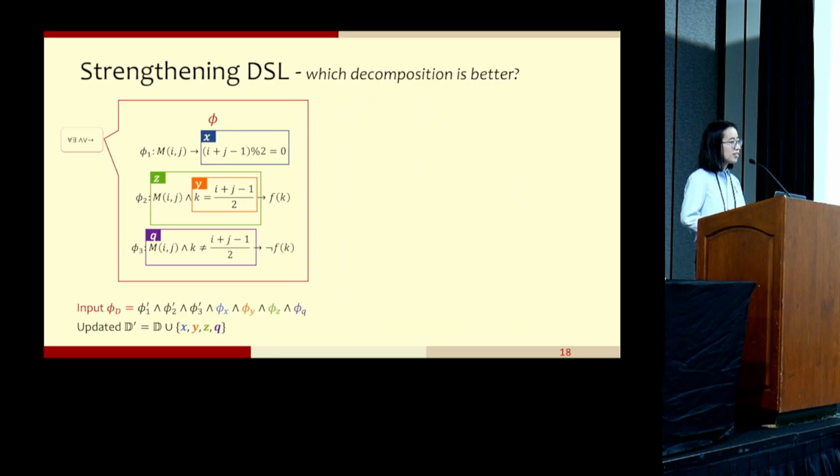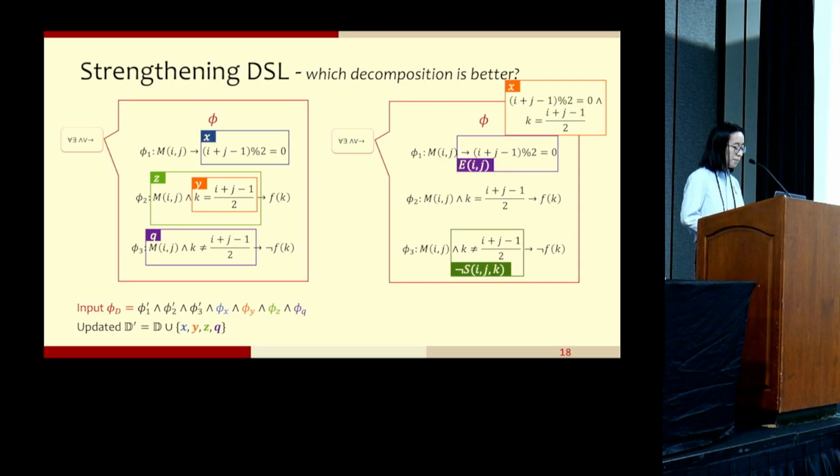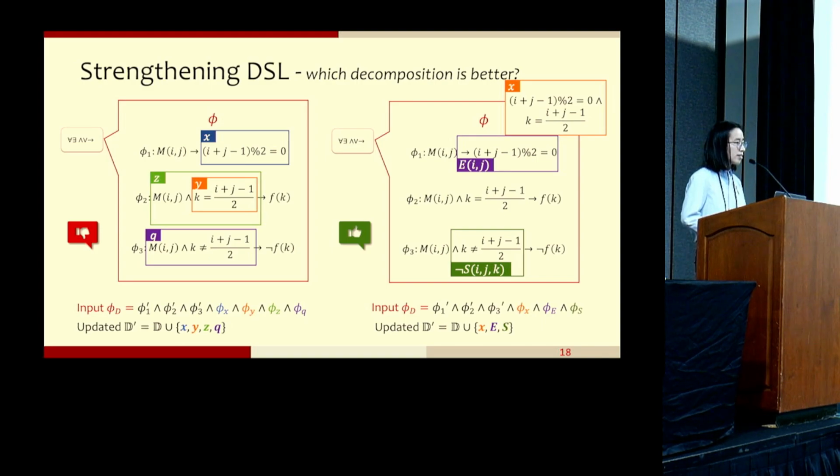And obviously, there are many ways of adding new variables. Some may be better than others. The right-hand side is better in this case because by adding only three new variables, it makes the DSL expressive enough. And more importantly, the predicate for x is synthesized out of the blue because it does not exist in any of the original formulas at all.